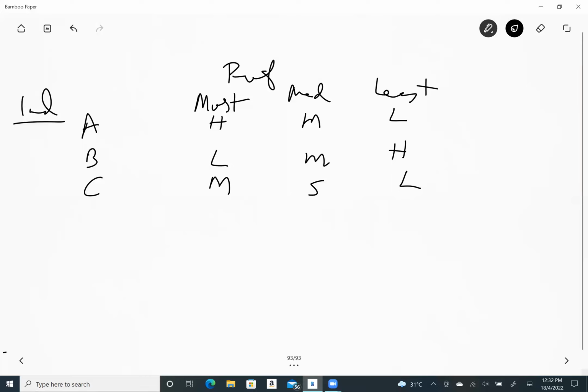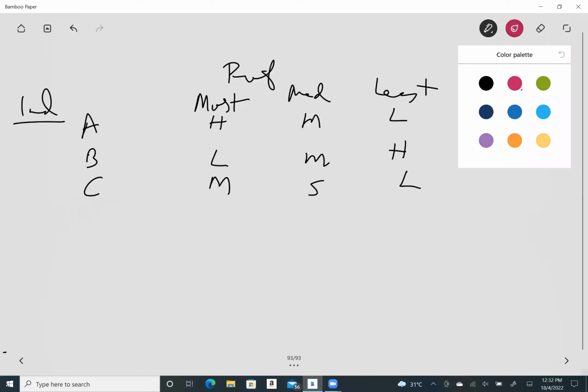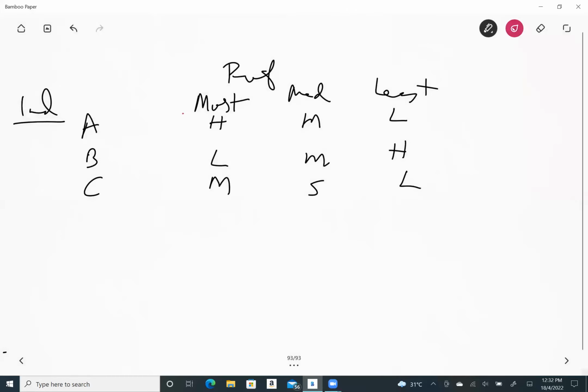So these are the rankings of each of these voters. So the S for C, sorry, because I changed the notation earlier.